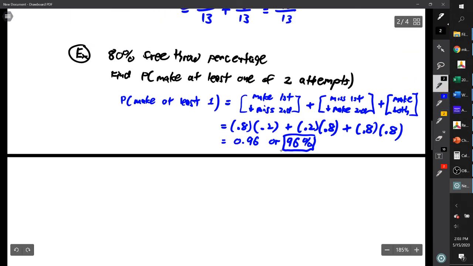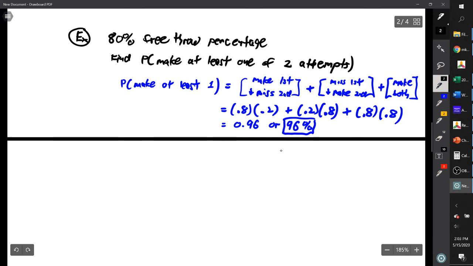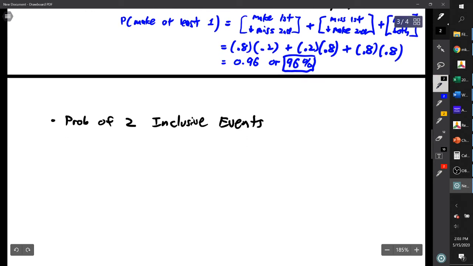Next and finally, the last topic from this lesson is probability of two inclusive events. What we mean by that is, I think a Venn diagram can be helpful.